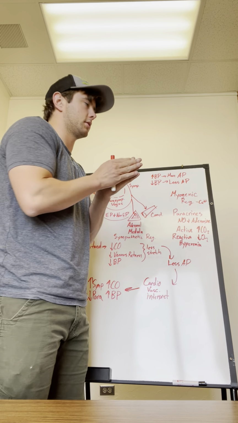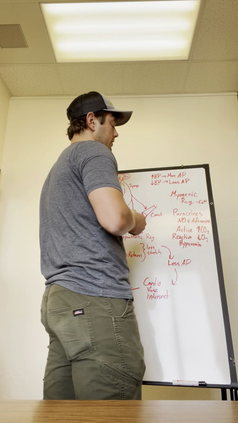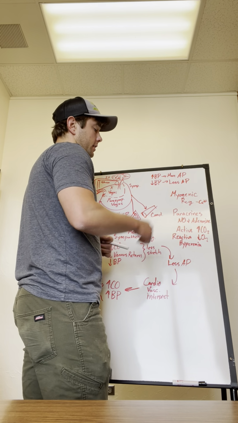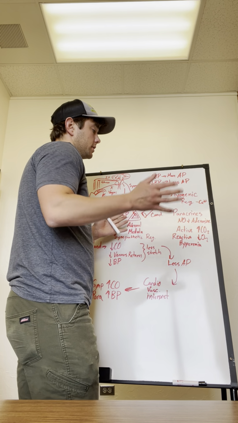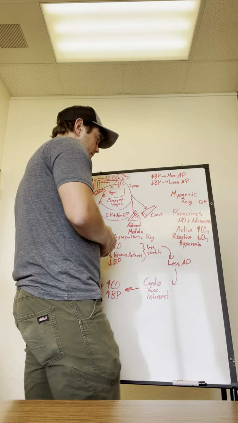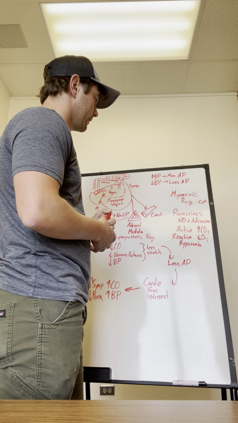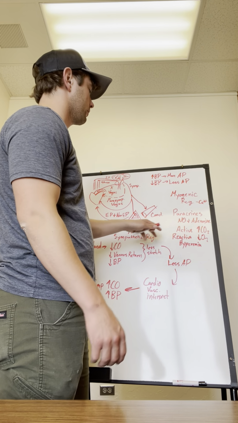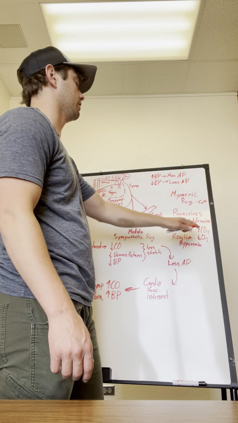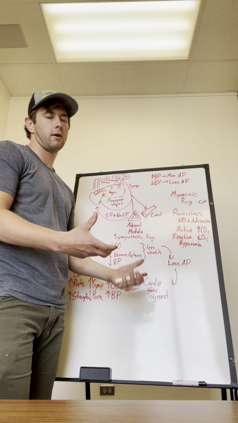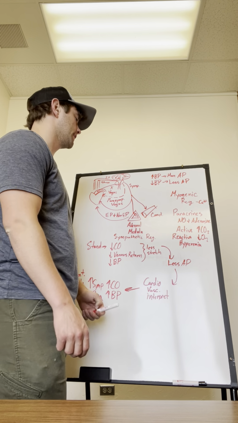You can only increase peripheral resistance. Paracrines, though, vasodilate, so they decrease blood pressure. And the way that's going to work is through nitric oxide and adenosine, and those are powerful vasodilators.